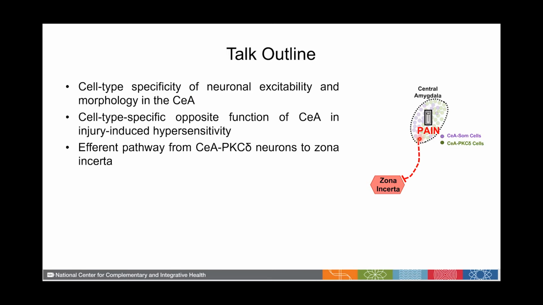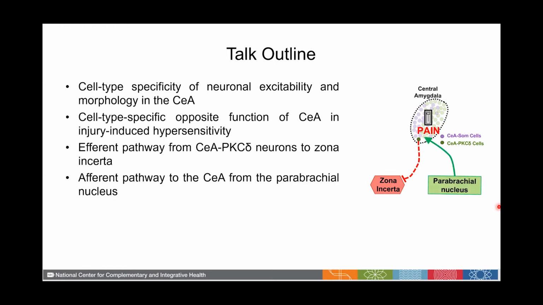I'll show you one example of the efferent projections, from the PKC delta neurons to the zona incerta. And from the input level, we focused on the parabrachial nucleus. These are the stories that are most complete and that I chose to share as an example of how we tackle cells all the way to circuits and behaviors.